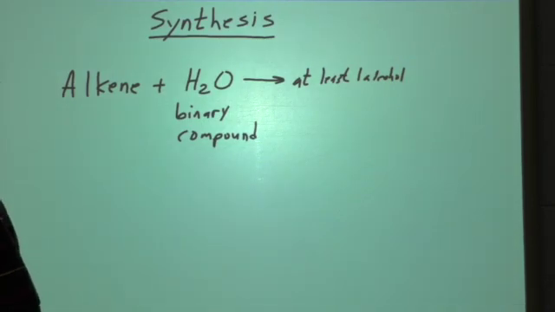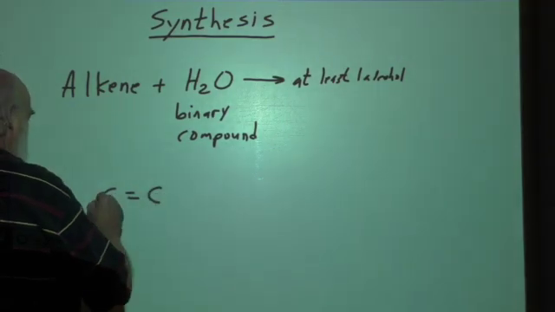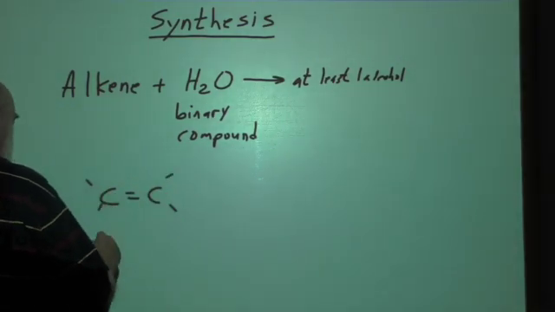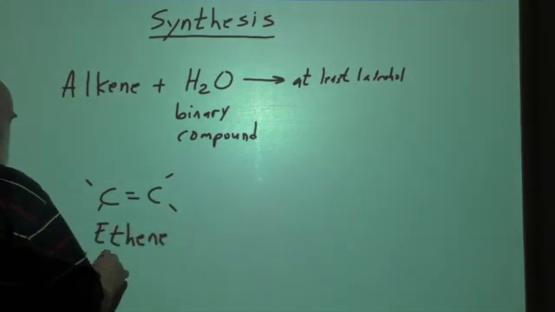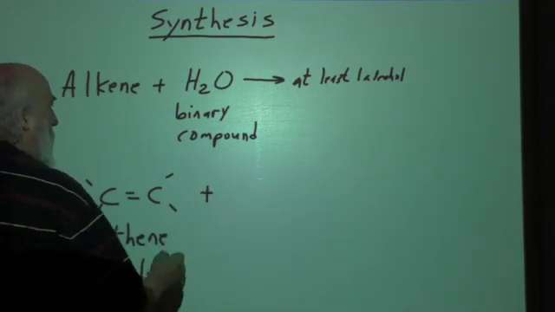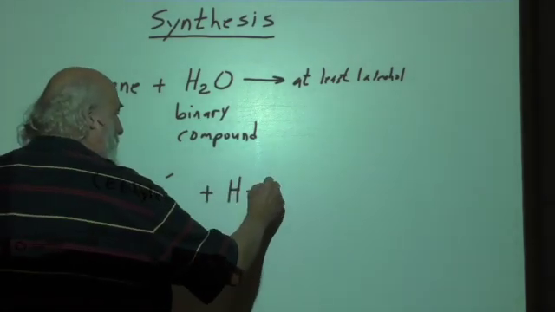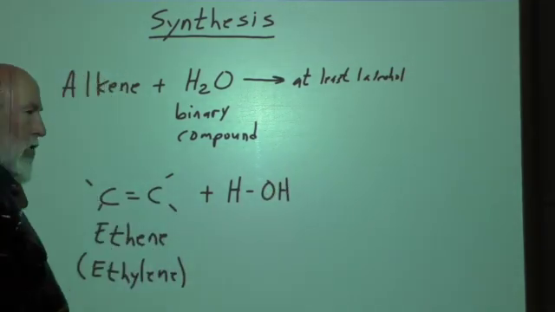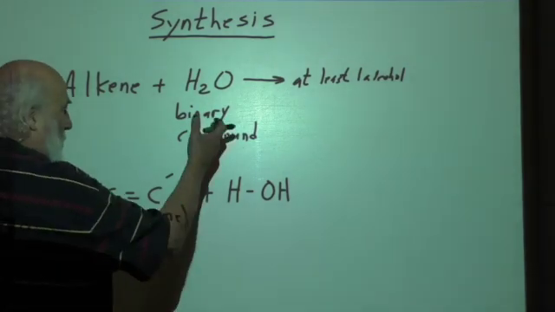So here's an example. If I take the simplest of the alkenes, ethene, which by the way has a common name of ethylene, I don't know why, but it does. You add water. Now water, when we deal with chemical reactions, we don't think of water as H2O, we think of water as hydrogen hydroxide. And we're going to deal with that a lot in the next couple of chapters after this. This is what we call a binary compound.